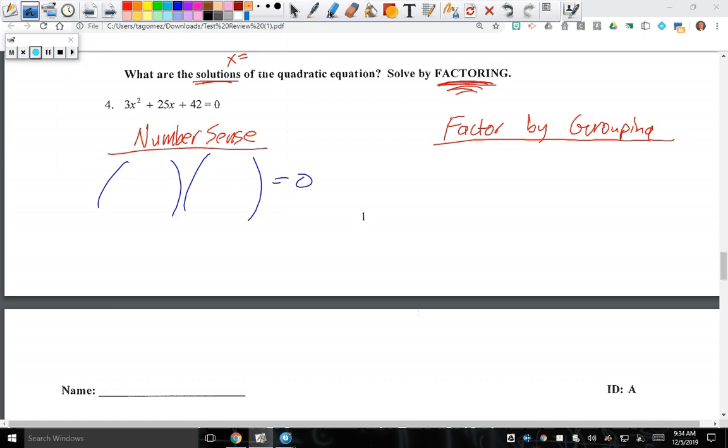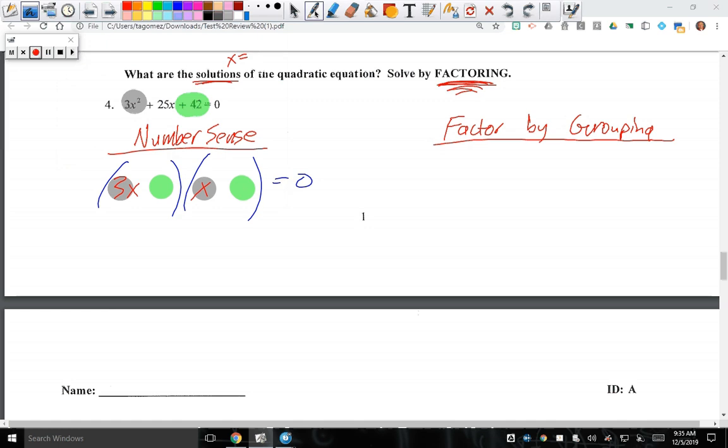Okay? So number sense. I would look at my first 2 terms right here and here and know that they would multiply to get 3x squared. You tell me, what should I put there? 3x. Yep, 3x and x. That gives me my 3x squared. Okay? The last 2 are the next ones that I'm going to focus on. I'm going to say what times what would give me a positive 42.